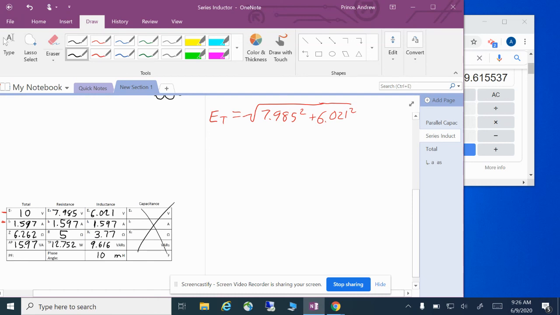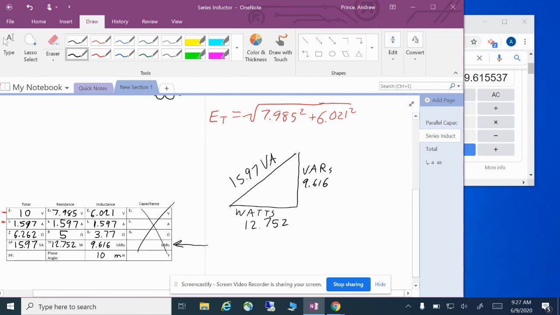Now, I could also check my work using the same triangle across all my power circuit. So my true power, my VARs, and my apparent power, that triangle, just like on our formula sheet, would look something like this. So my VARs, watts, and volt amps, and my triangle itself would be 9.616, 12.752, 15.97.